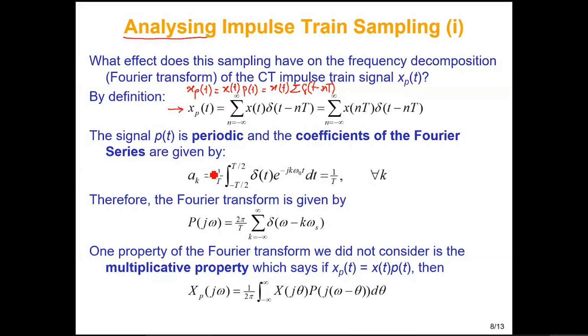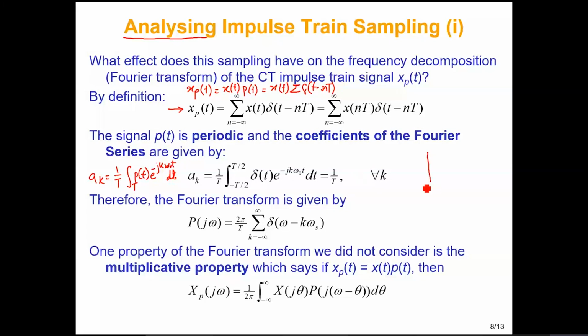We find them using this formula for a_k. Fourier series coefficients are basically 1 over T, integrating over one time period of your signal, which in our case is p(t), times e raised to the power of minus j k omega naught t, dt. This is integrating your periodic signal over one time period only.